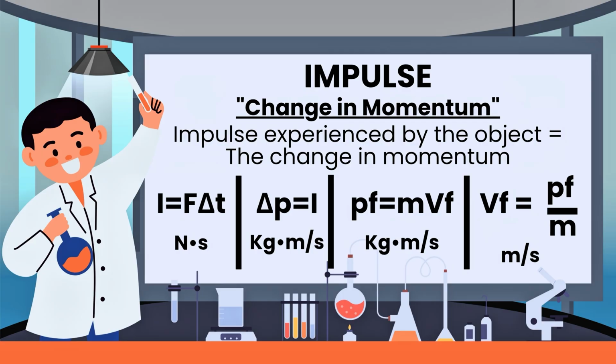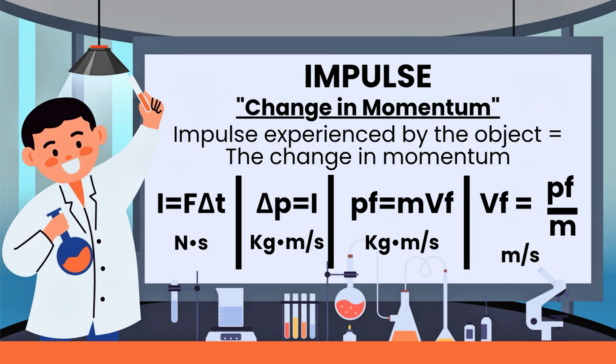The unit for force is Newton or N, while the unit for time is seconds or s. Therefore, the unit for this formula is N times s. Next one is the impulse is equal to the change in momentum. The unit for the formula is kilograms times meter per second.